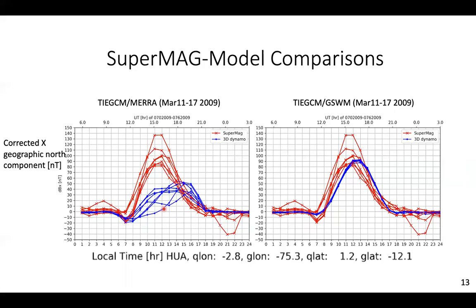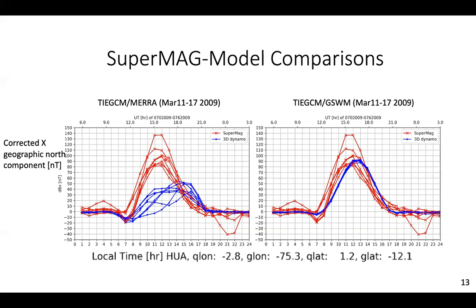In this case, the model shows the weaker ionospheric magnetic field during the dayside ionosphere than the observation. And there's a little bit of phase shift of the peak of the two ionospheric signals.